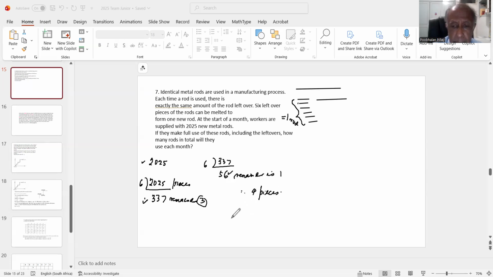Okay, let's take the 56 rods now, and you can make out of that, melt it, and you get 9 new rods. And I'll put a tick there to say you can be manufactured there, and then the remainder is 2. Now the 2 and the 4 together gives you 6 pieces, and that gives you 1 new rod.